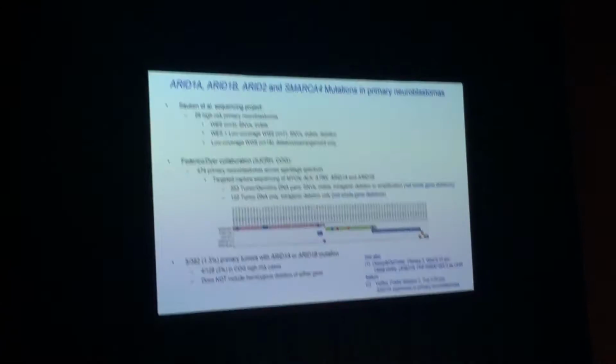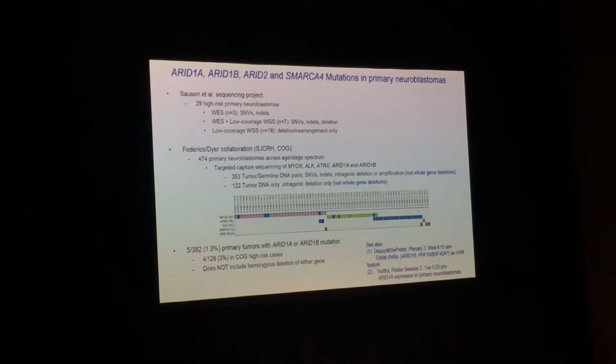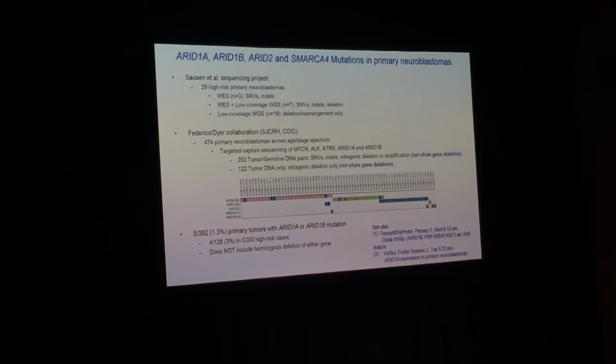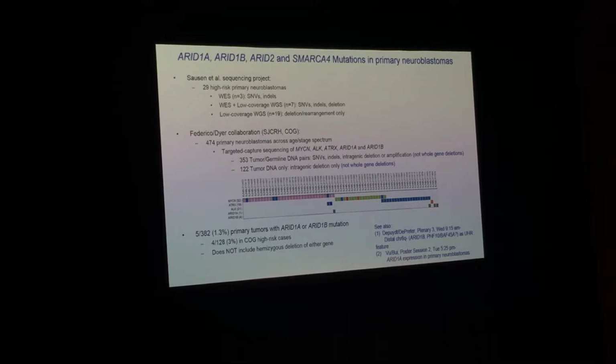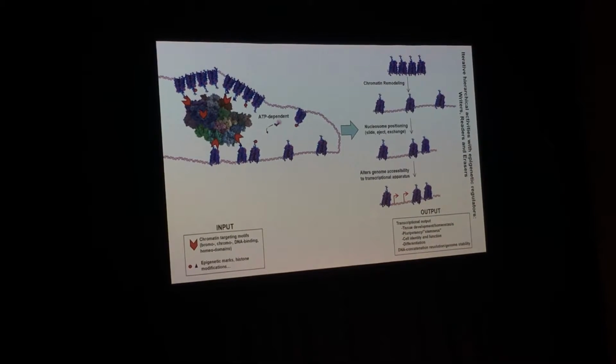And the take home is that we saw, again, with the inability to call whole gene deletions yet, only intragenic deletions, about 3% of high-risk tumors had deletions or alterations in these genes.